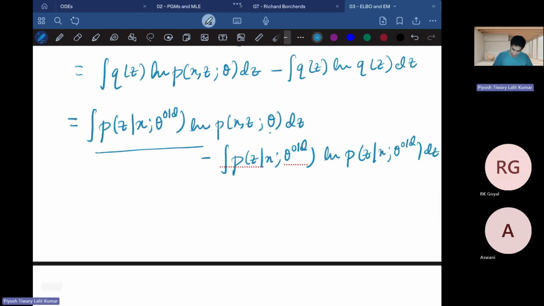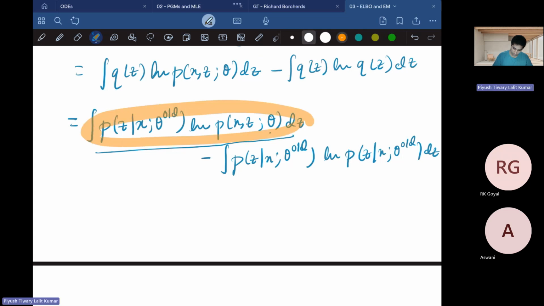Look at the first term. What is this thing doing? First thing to note here is that it is a function of both theta old and theta.